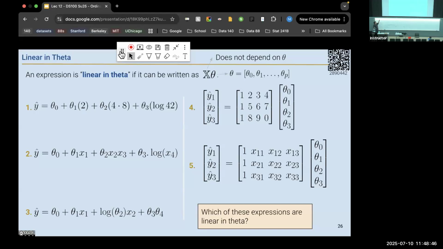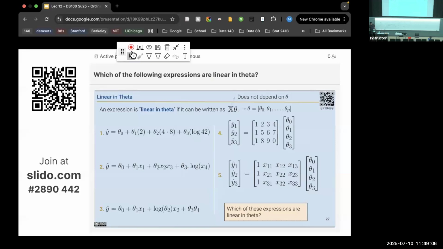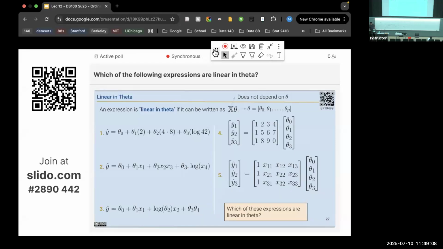If you can write an expression in this form, then we say that this expression is linear in theta. So the Slido question is: which of the following five is or are linear in theta? Take some time, talk to your neighbors, see if you can write the expression in the form above, and then we'll talk about it. I'll answer any questions if you have any.